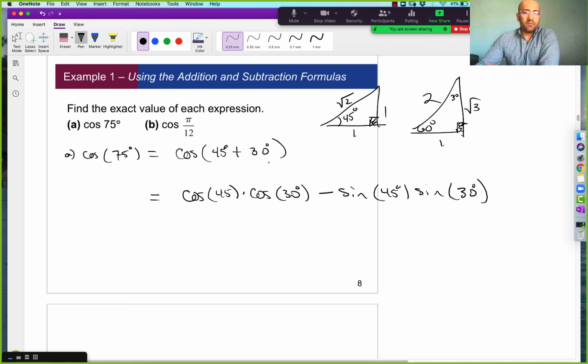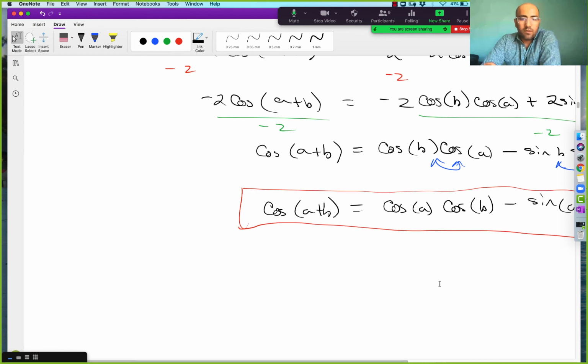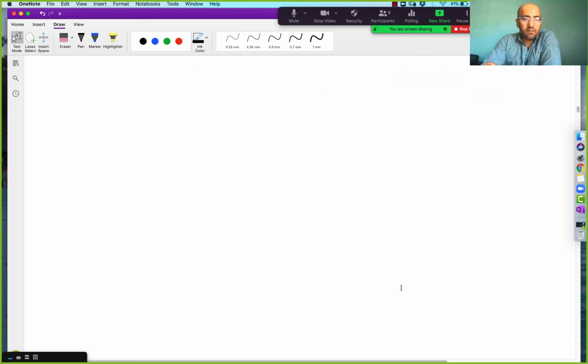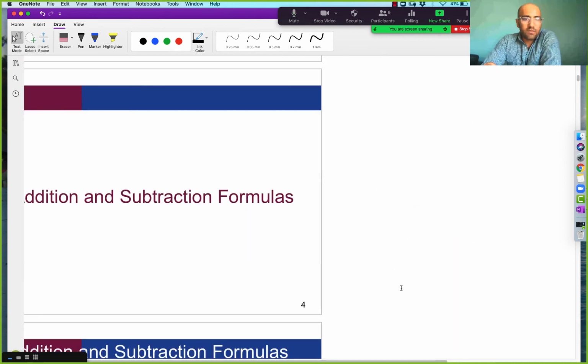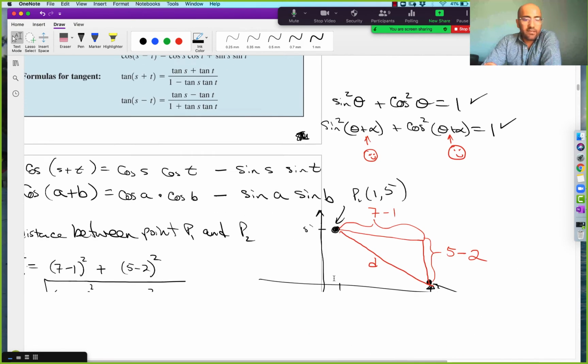This is exactly what we just proved. Cosine of a plus b equals cosine of a times cosine of b minus sine of a sine of b. Right? Which is this guy over here.